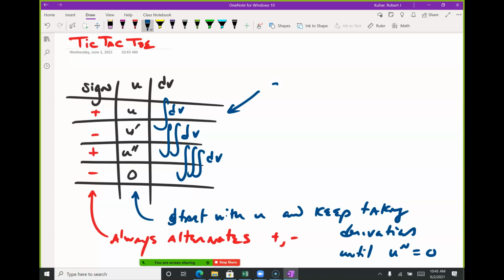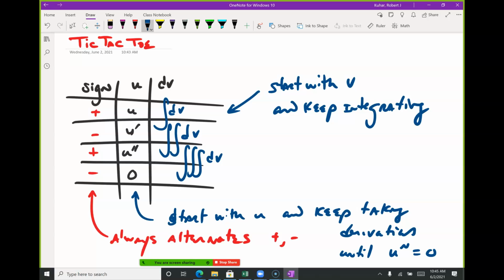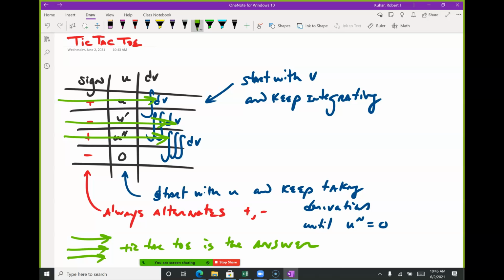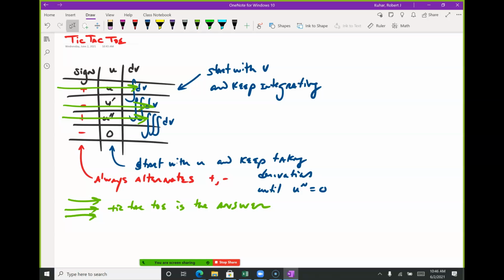So start with v, and keep integrating. And then our answer is going to come from tic-tac-toe. Kind of messy, but once you start practicing, it'll be very quick.